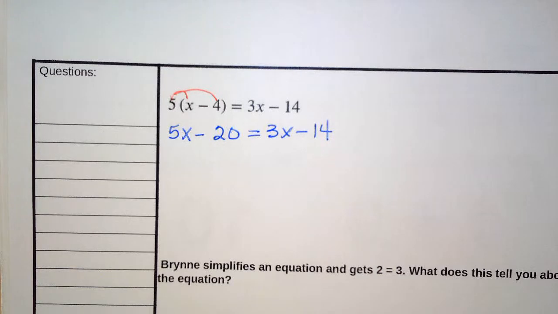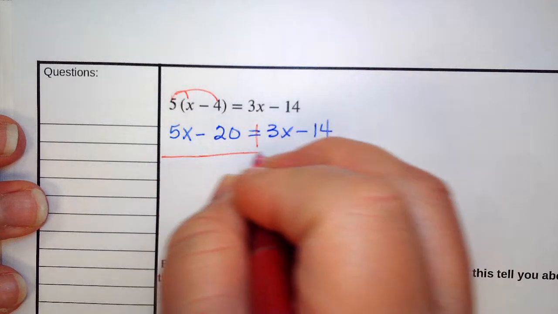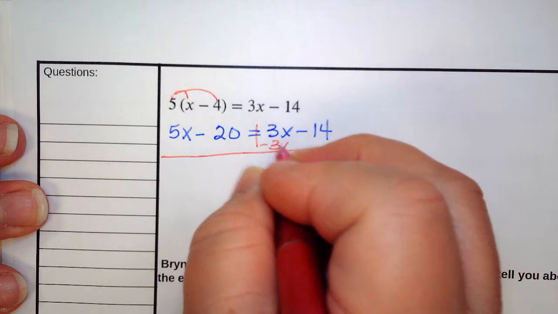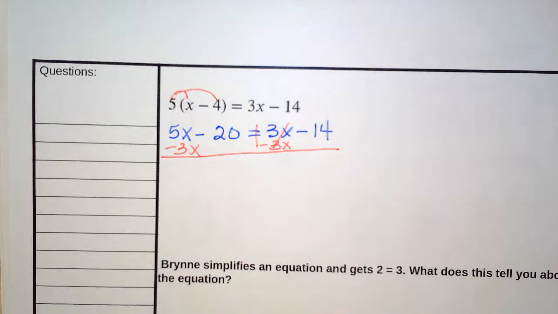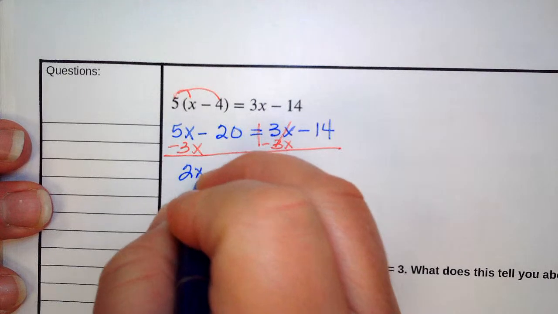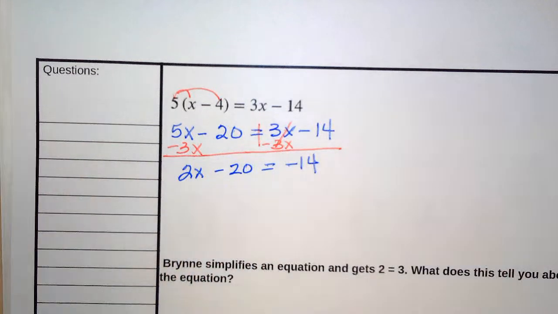Okay, which is smaller, 5x or 3x? 3x is, so I will subtract 3x from both sides. I've eliminated it from the left side. 5x minus 3x is 2x, minus 20 is equal to negative 14.